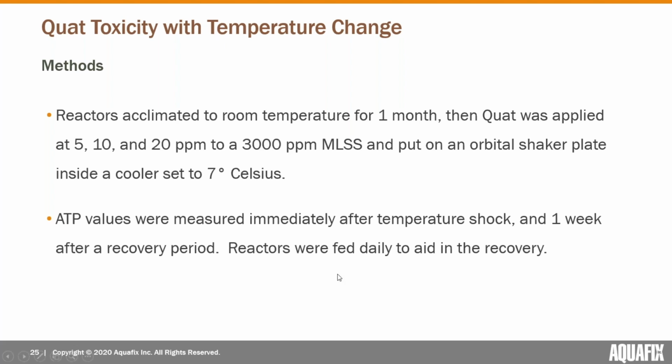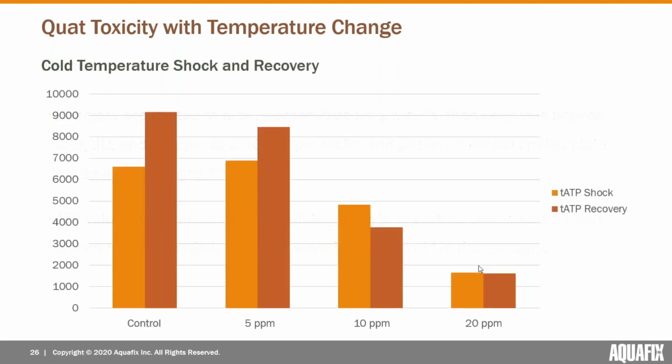Then quat was applied at 5, 10, 20 ppm to a 3,000 part per million MLSS and put on an orbital shaker plate inside a cooler and set to 7 degrees Celsius. We use ATP to measure bacterial activity, and then after about 1 week, we use a recovery period. The reactors were fed daily to aid in the recovery.